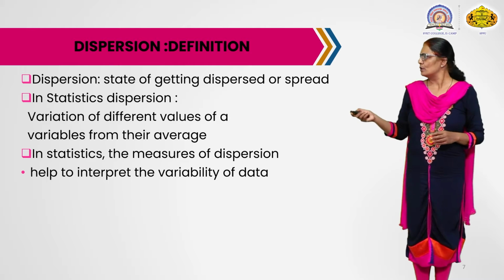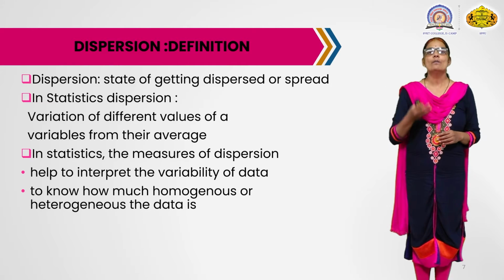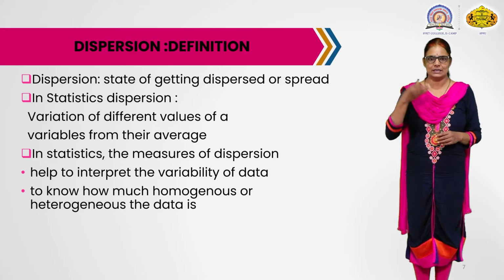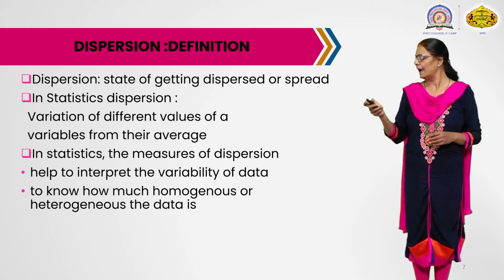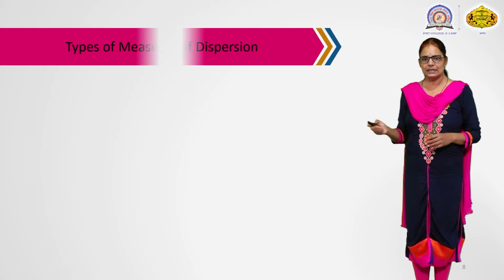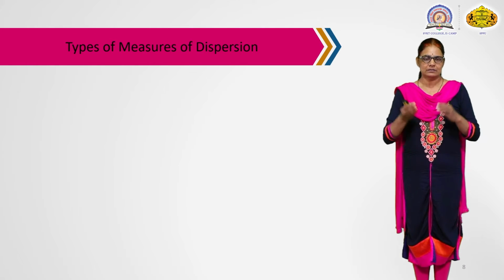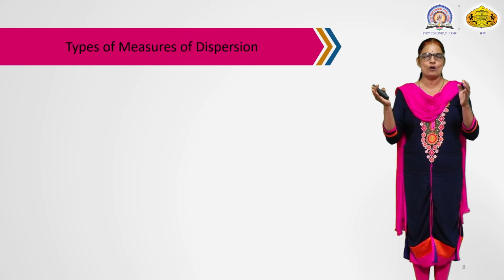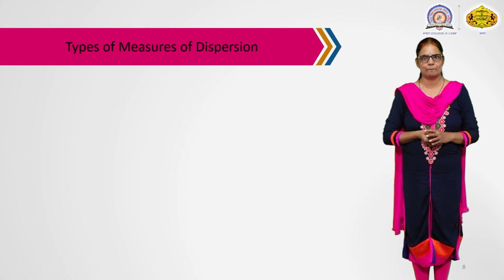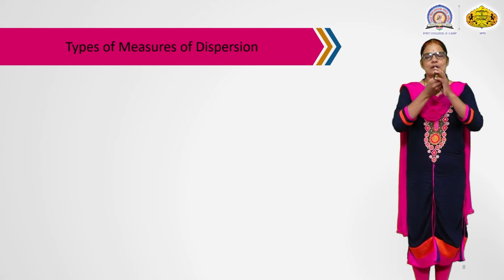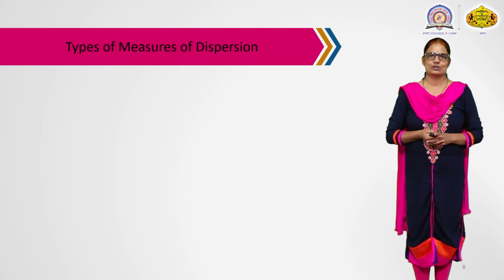That is, to know how homogeneous or heterogeneous the data is, how much the data is squeezed or scattered from their mean. Okay. So, this is the definition of dispersion.